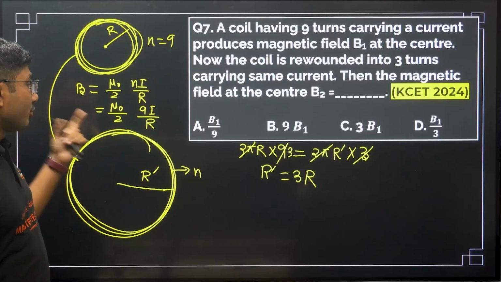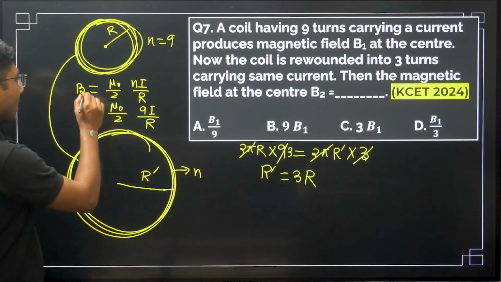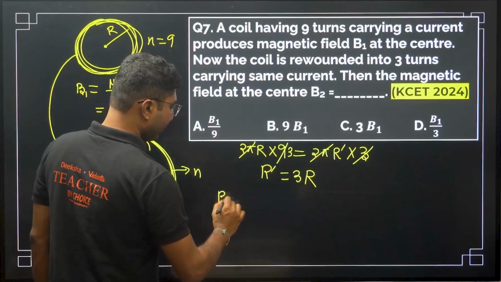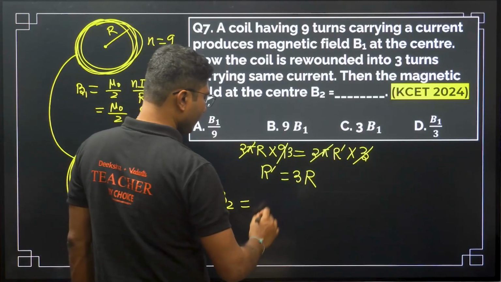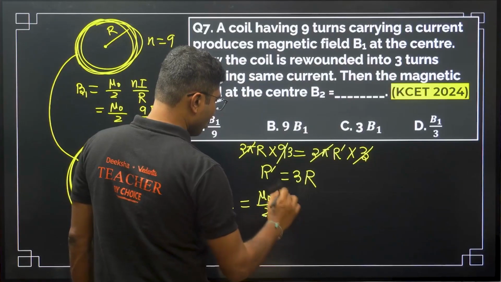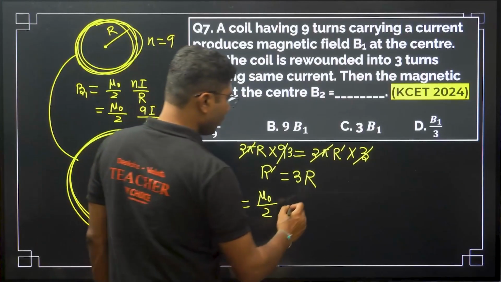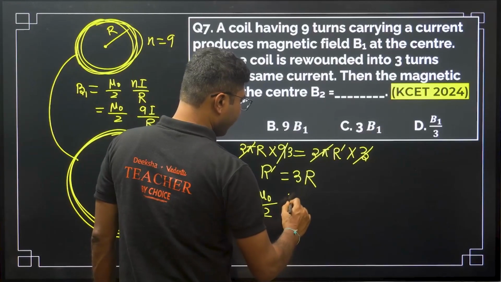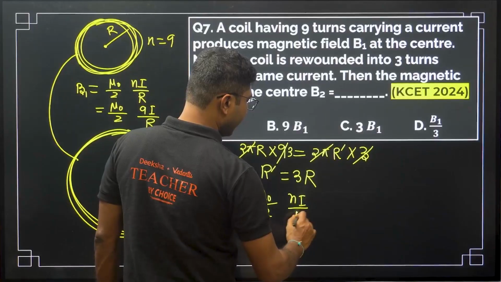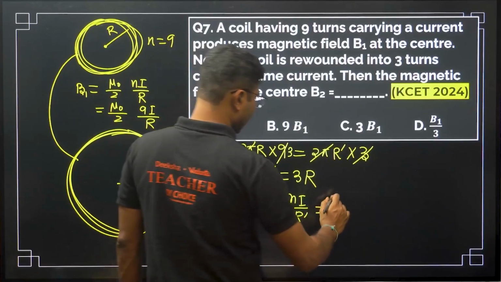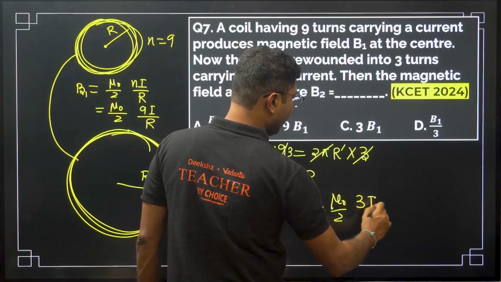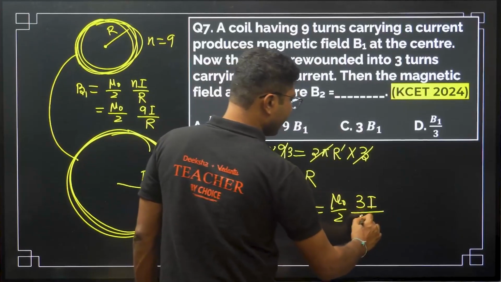Now you have to put that value over here. This was B1. Now what is B2? B2 will be mu naught by 2, number of turns times current divided by new radius. So mu naught by 2, the number of turns is 3 now, and the radius is also 3R.